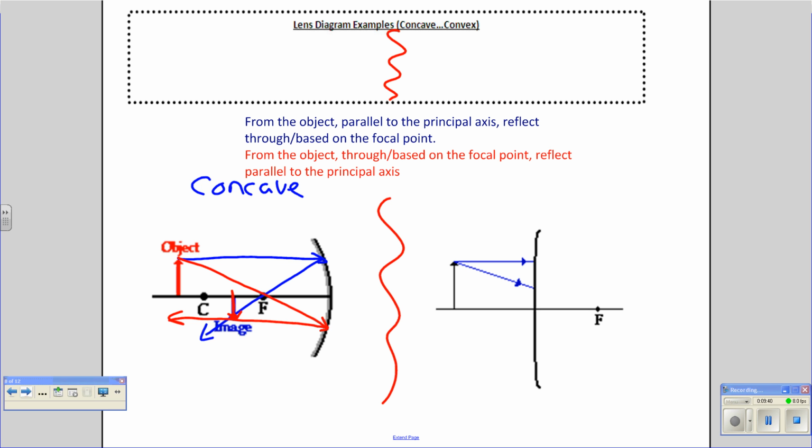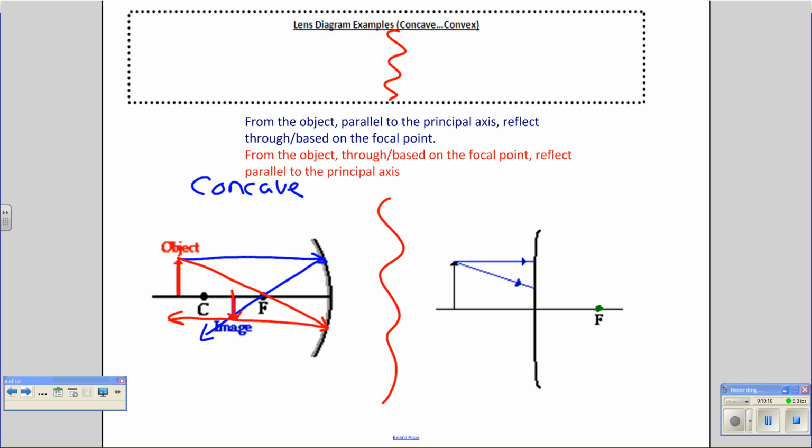Now if you do this perfectly on graph paper, it will actually work out to be the actual image size and location. Like, it actually works perfectly. So that's one example of a lens diagram, of a mirror. Now, the convex ones, the key is this focal point here is on the negative side. With convex, you know it will always be virtual because your light will never actually be able to get there.